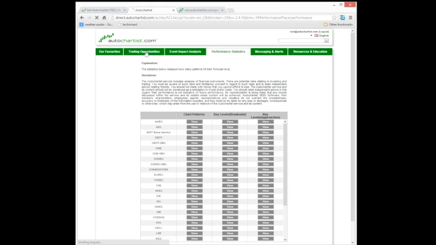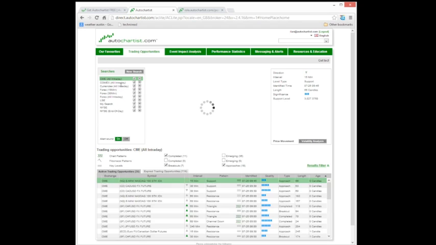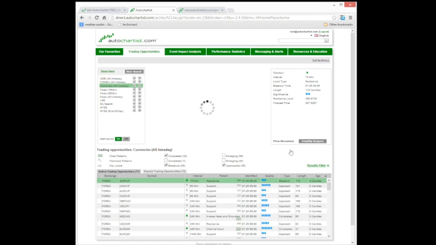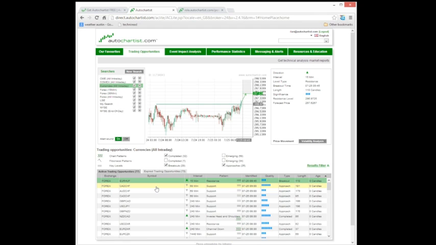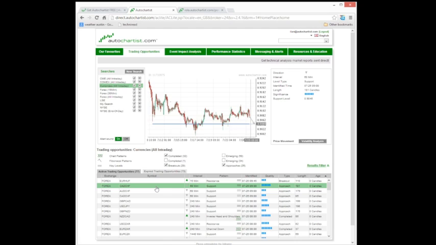And again, I want to go back to trading opportunities, and I want to show you an example of the last type of statistic that we offer, and that's on what we call approaching support and resistance levels. So here on my screen, you can see an example of an approaching support level, where we have a CAD Swiss franc moving towards a support level at 0.9046.